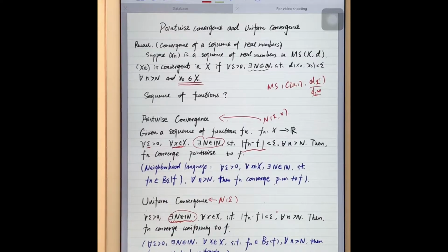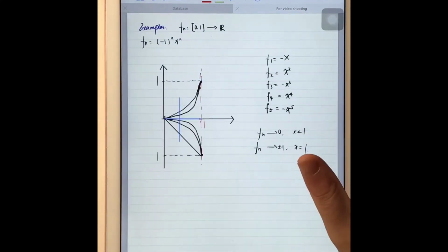Now let's see some examples. The first one: suppose we're given a sequence of functions from [0,1] to the real numbers, given by fn(x) = (-1)^n times x^n.